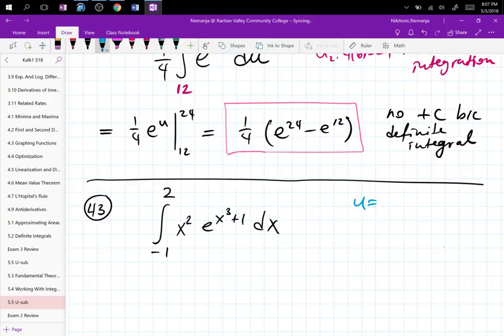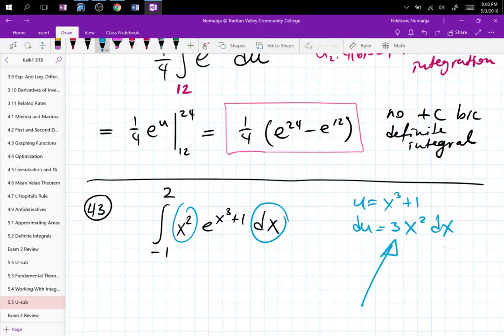Therefore, we are going to keep the x cubed plus 1 as the sub. du is 3x squared dx. And as you can see, I don't have 3x squared dx. In the problem, I only have x squared dx. So 3 is missing. I can fix that if it's only a constant.